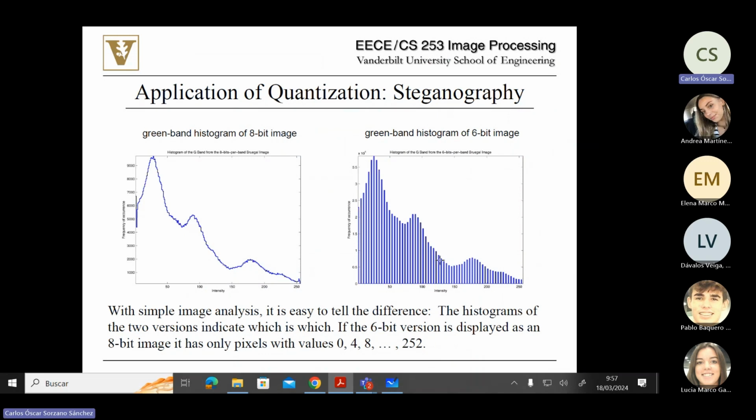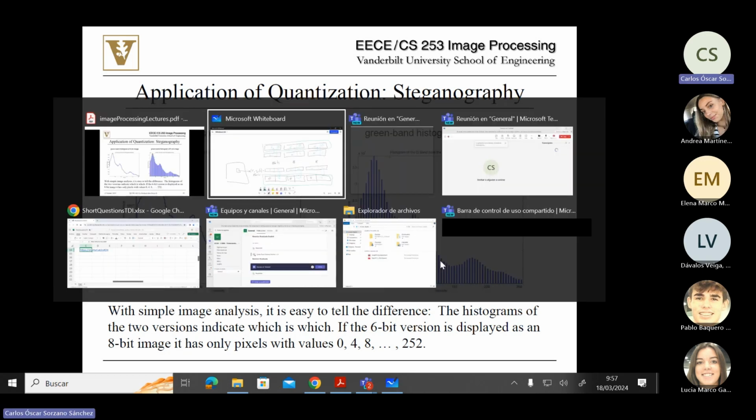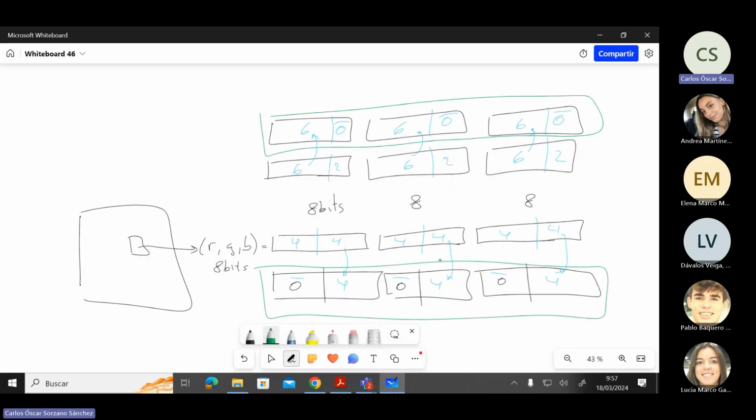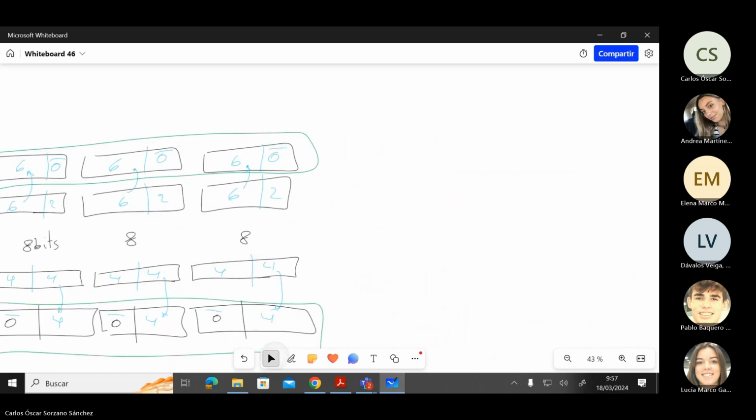And here you have the histogram of the 2 images. So this is the original, this is the new one. Why does this one have holes? Because with only 6 bits, the first value that I can represent is this one, value 0.